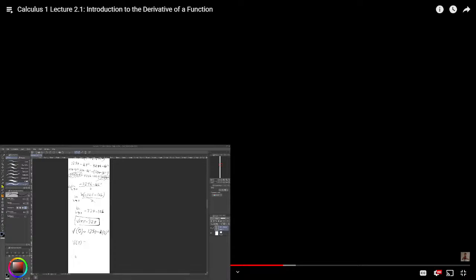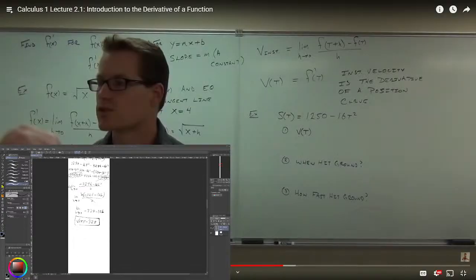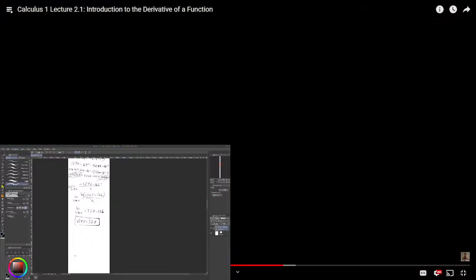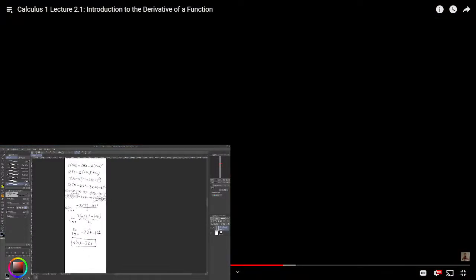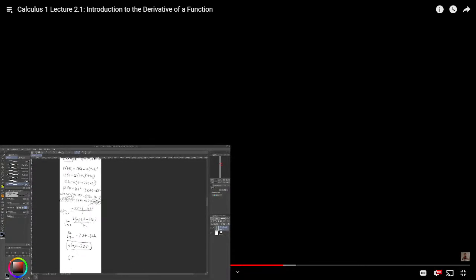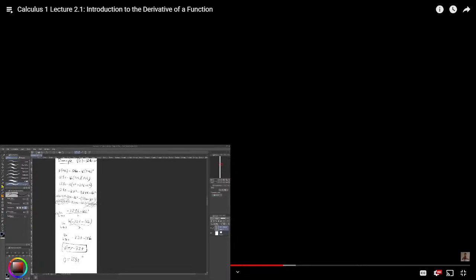No, this is okay. When you plug it in like that, you're finding the position before the object starts falling. So no, that wouldn't be right. Zero equals 1250 minus 16t squared.